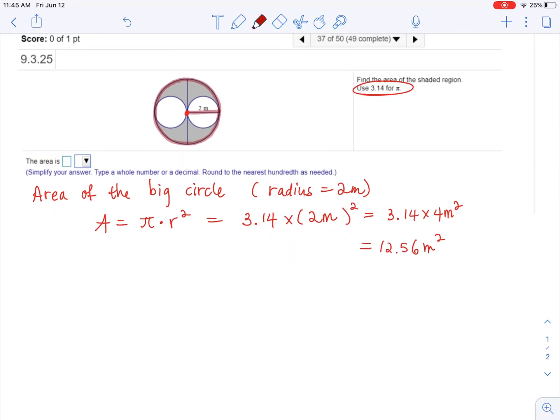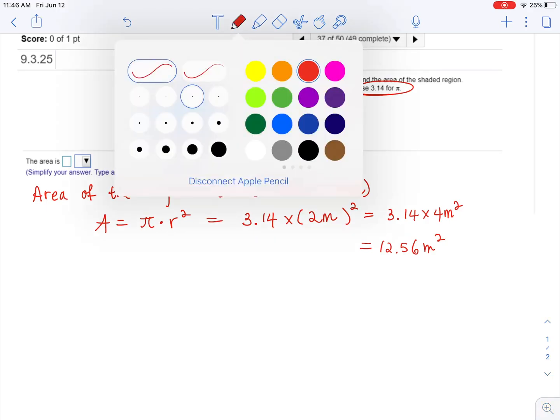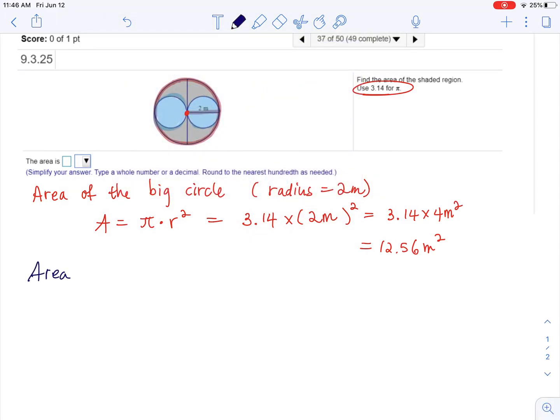Now I'm going to find the area of the small circle. How many of them do I have? I have this one and that one. So I'm going to find the area of the small circle and multiply it by 2 because there are 2 of them, and I will subtract those 2 circles' area from the area of the big circle.